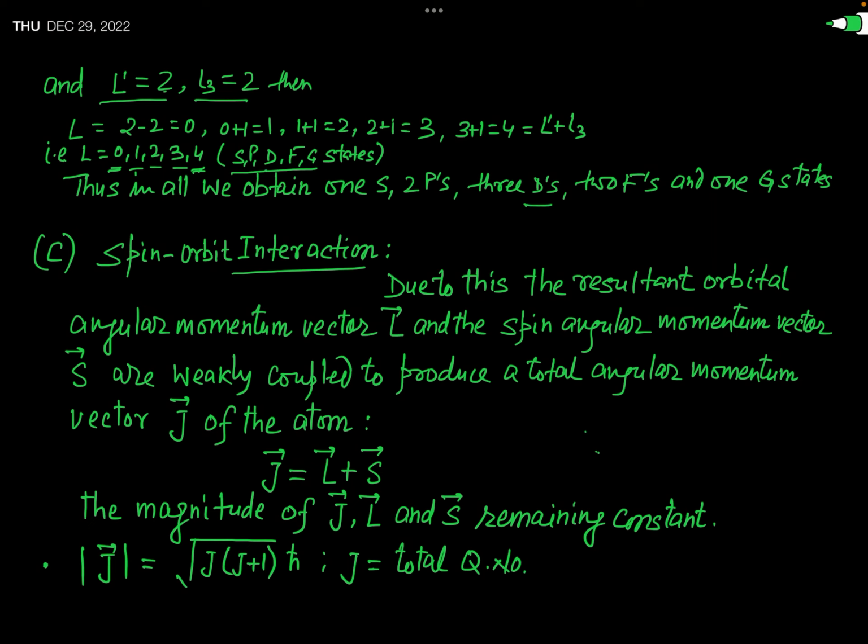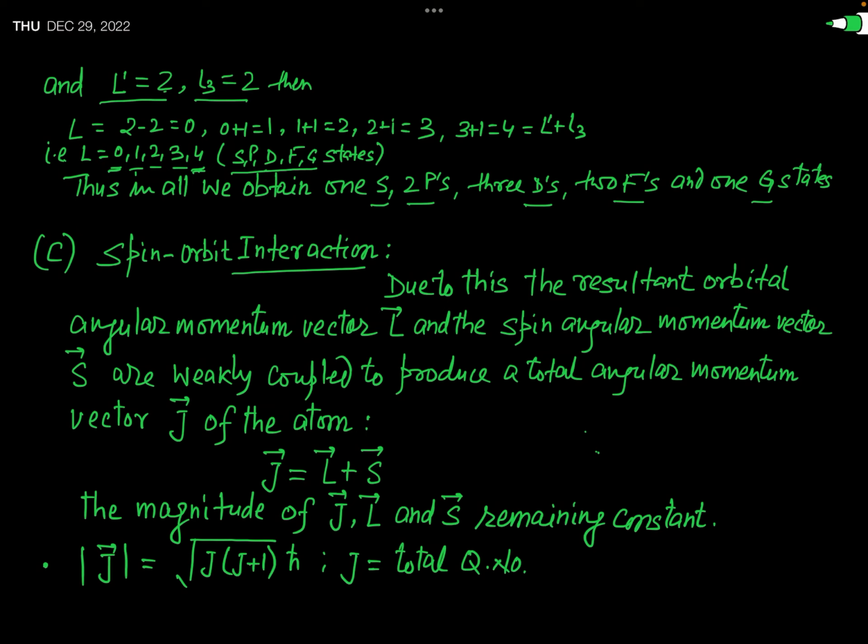So there are 3 D's in this case. And similarly you can see there will be 1 S, 2 P, 2 F and 1 G states. So in all we obtain 1S, 2P, 3D, 2F and 1G states.